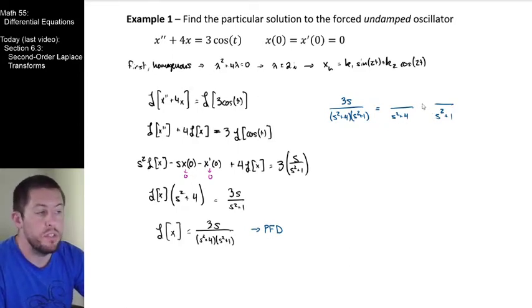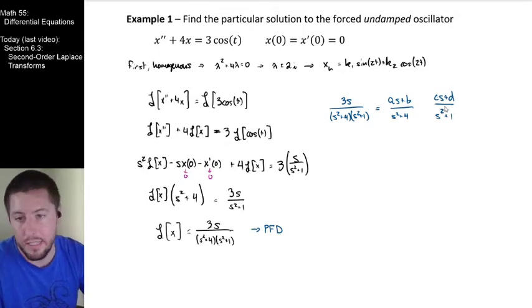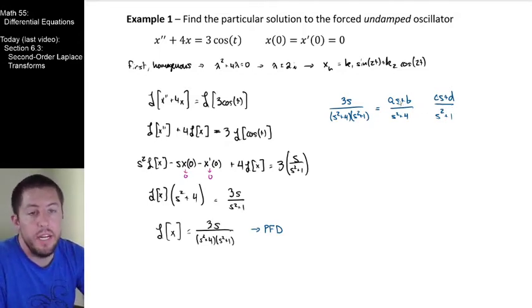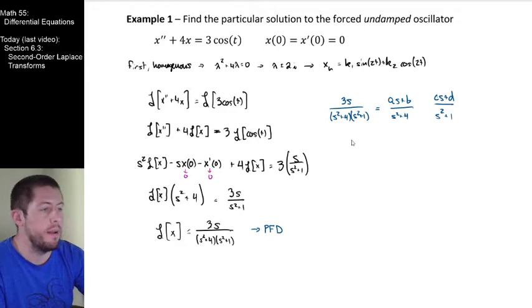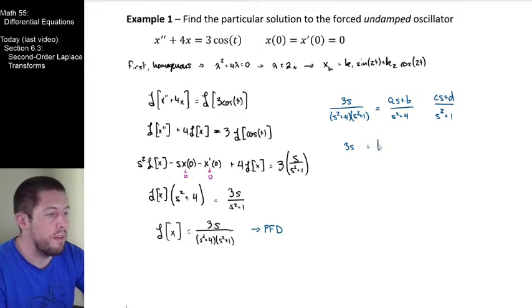Since these are irreducible quadratics, we need to have entire linear terms up top, as plus b and cs plus d. We can't just do a constant necessarily. Maybe that's going to work out, but we need to include all the possible terms that we might need up there. So let's go ahead and do it. So 3s, I'm going to multiply by this entire denominator here. This should be giving us as plus b times s squared plus 1 plus cs plus d times s squared plus 4.